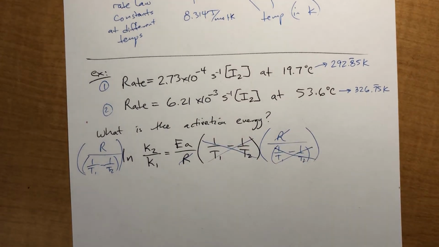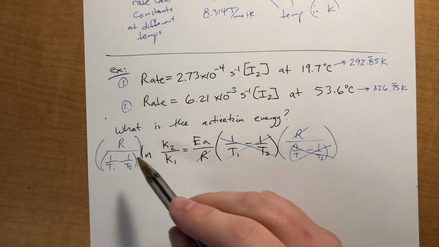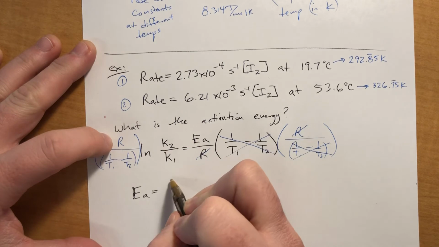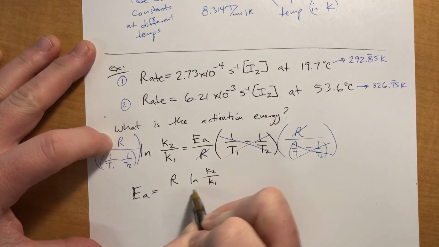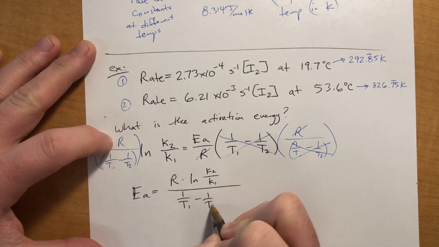So E sub A is equal to R on top, natural log of K2 over K1 on top, all of that divided by 1 over T1 minus 1 over T2.